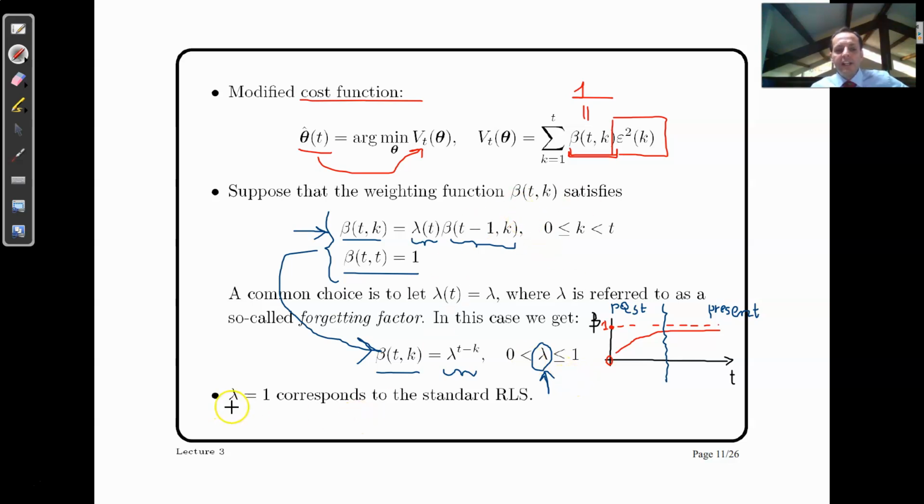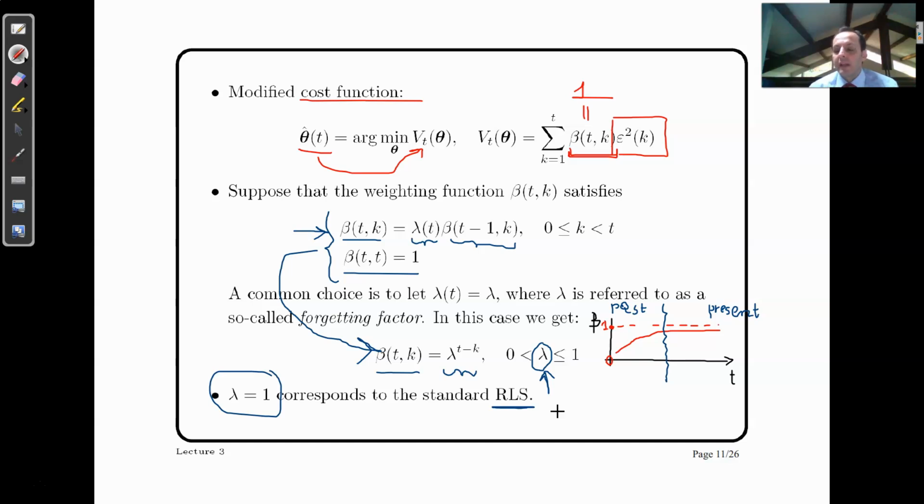As you can see here, when lambda is equal to 1, from this equation you have the same as the recursive least square. So it's something that is very important. The recursive least square with forgetting factor, when the forgetting factor is 1, you obtain again the standard least square.